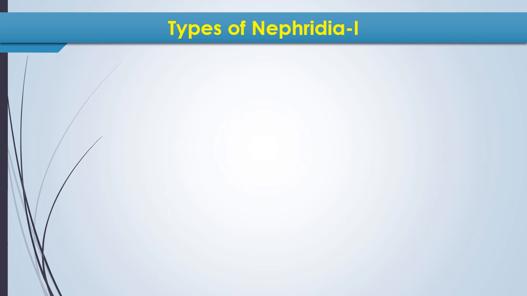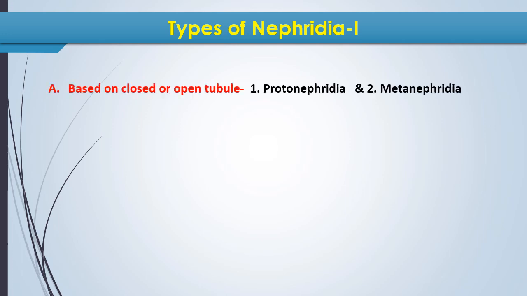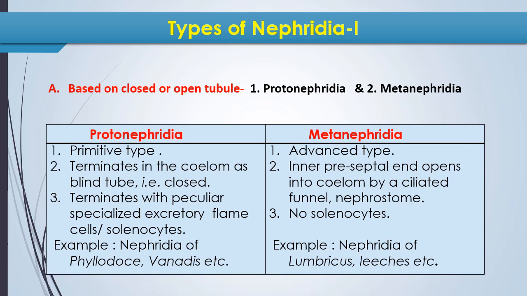The types of nephridia. Nephridia are categorized into several types based on certain features. Based on whether the tubule is closed or open, nephridia are divided into two types: protonephridia and metanephridia.